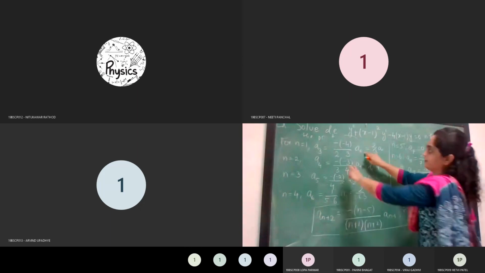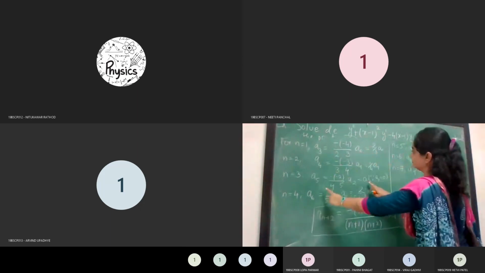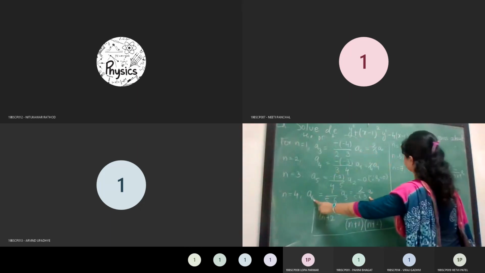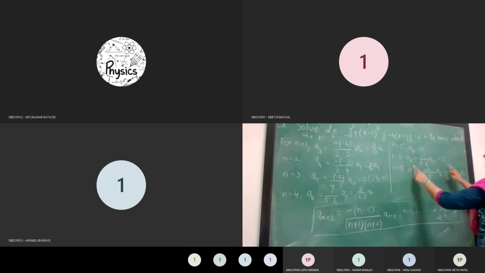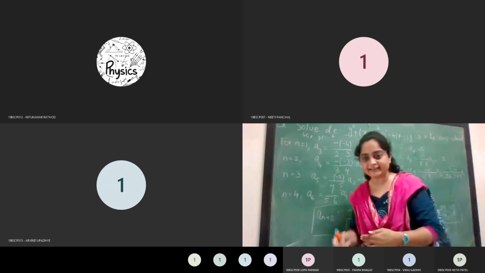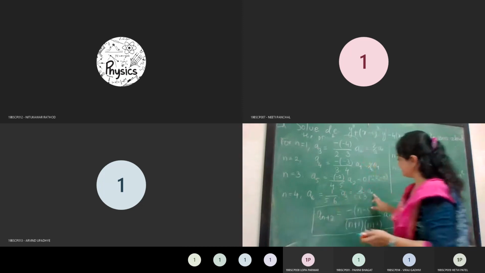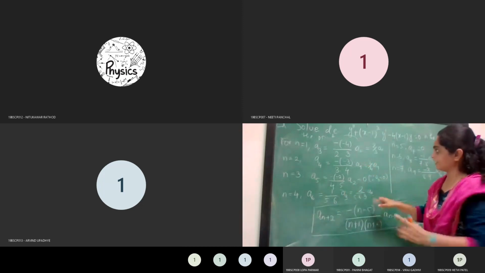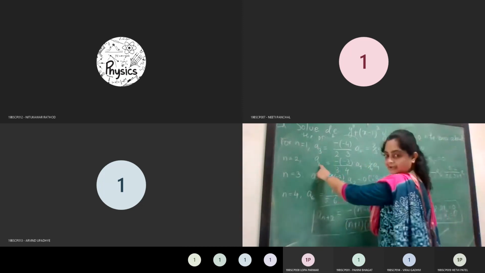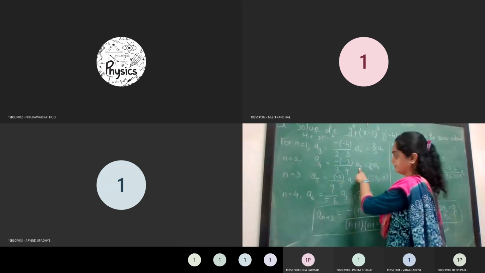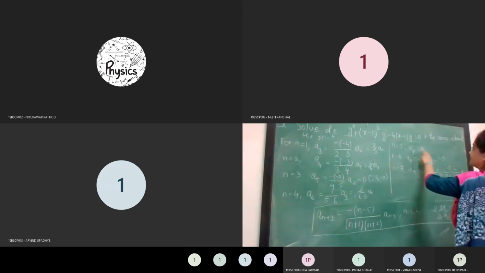See here, A3 is in terms of A0, then A6 is in terms of A0, A9 will be in terms of A0. That means all the multiple of 3 suffixes will be in terms of A0, whereas A4 is in terms of A1, A5 is 0, A7 is 0, A8 is also 0.